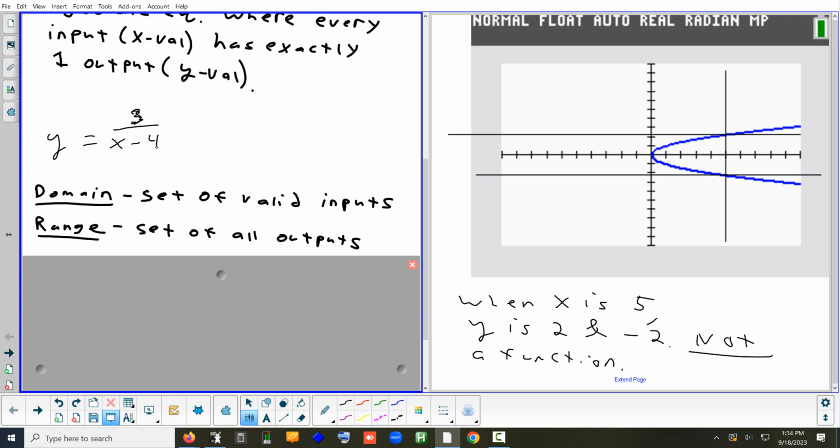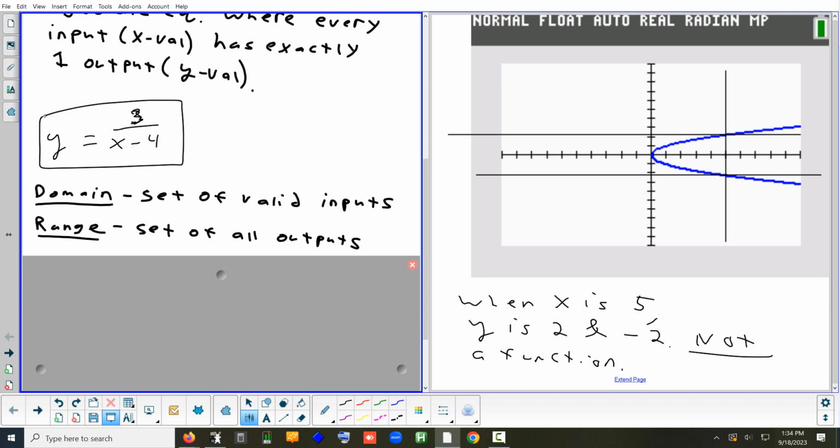So you can plug in any number you want for x as long as the denominator does not equal 0. So what number would cause the denominator to be 0 in this case? Alex? 4. Yeah, 4. So the domain in this problem would be every number except 4.